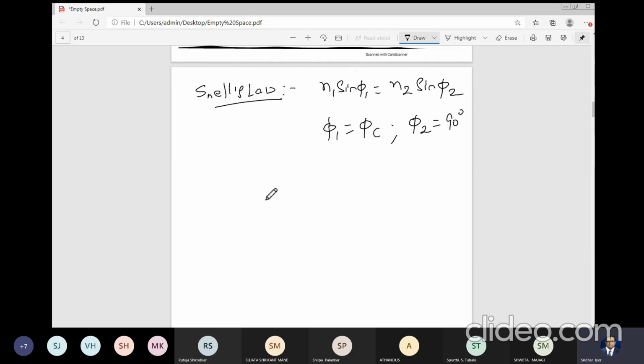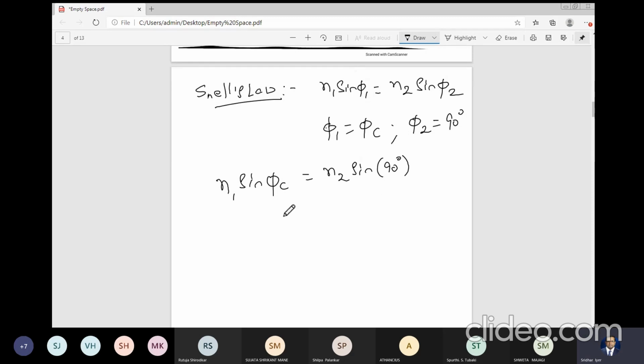Now let's substitute phi 1 equal to phi c and phi 2 equal to 90 degrees in Snell's law. What we'll have is N1 sine, instead of phi 1, I'll substitute phi c. And when phi 1 is phi c, phi 2 is 90 degrees. Therefore, the RHS becomes N2 sine 90 degrees.